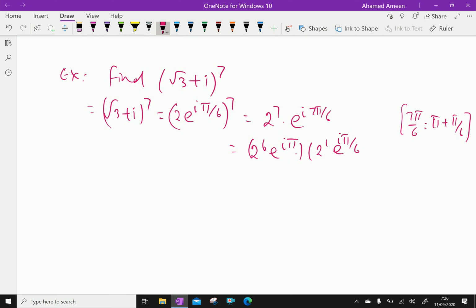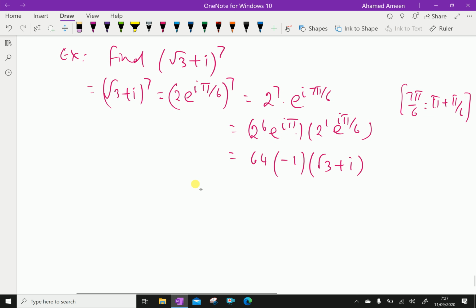Now 2 power 6 equals 64, e power i pi is minus 1, and 2 e power i pi by 6 is root 3 plus i.